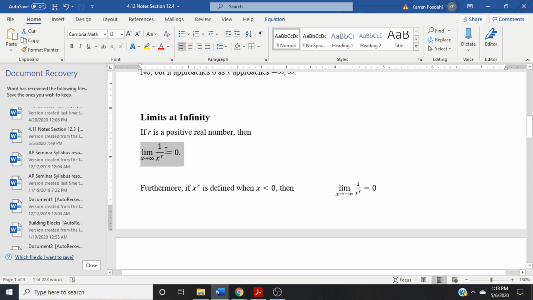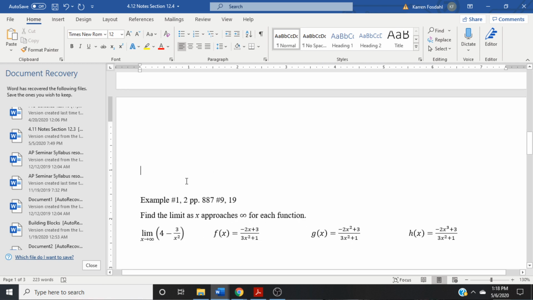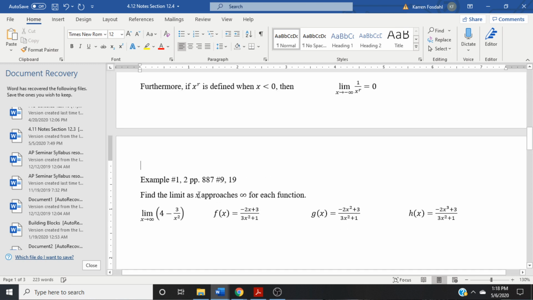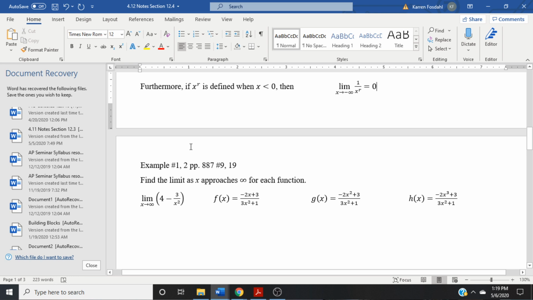If it's defined in the positives, this limit exists. So this is going to be crucial for our next few problems, okay? We're going to go over examples 1 and 2, and numbers 9 and 19.